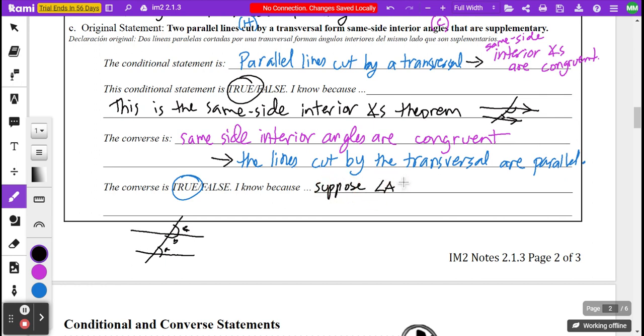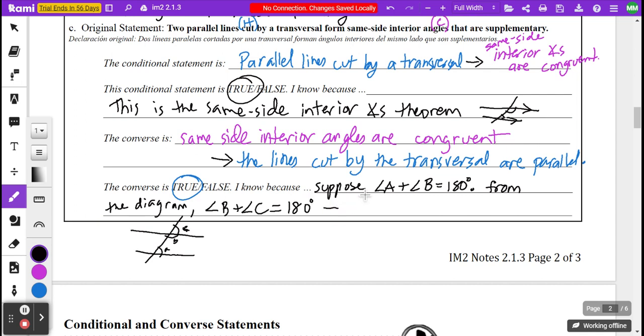angle A plus angle B equals 180 degrees. From the diagram, angle B plus angle C also equals 180 degrees.